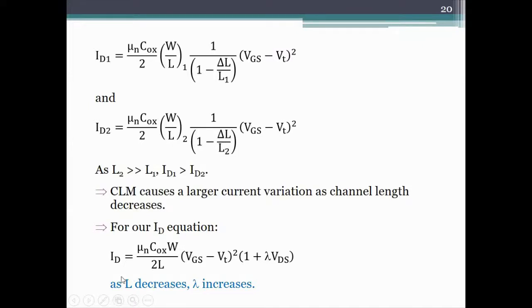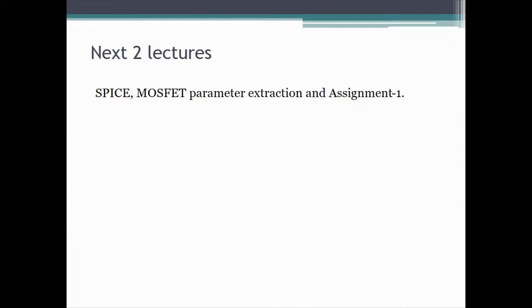Okay, this is very, very important for analog circuit design, and we'll come back to this in a few lectures. We'll see how this one effect changes the whole way circuits have to be designed in short channel technologies.